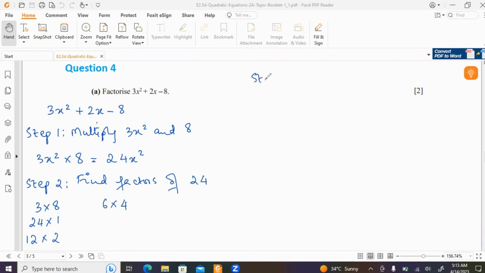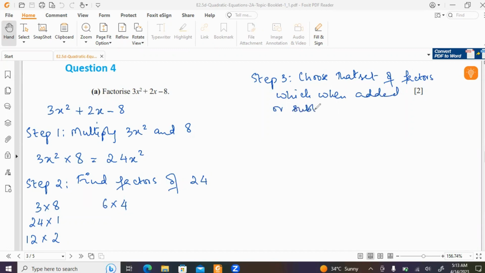Now in step 3, you choose that set of factors which when added or subtracted give the middle term.